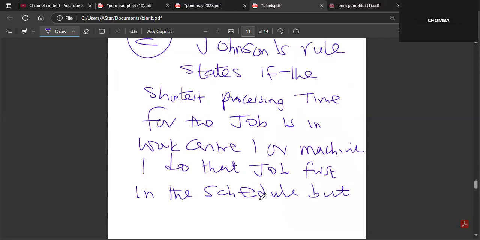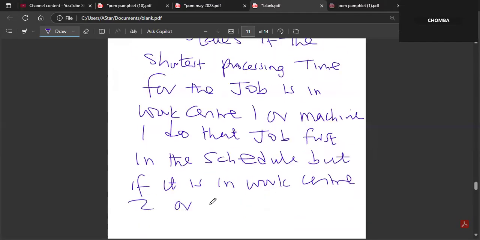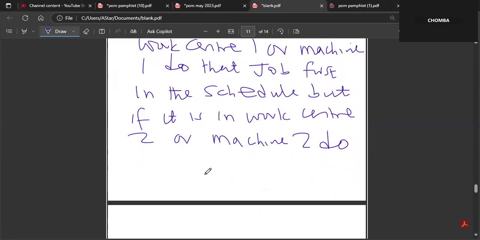But if it is in work center 2 or machine 2, do that job last in the schedule.